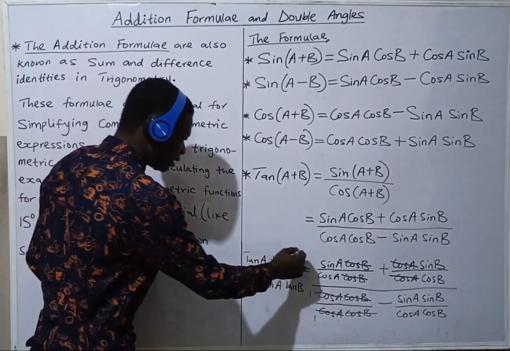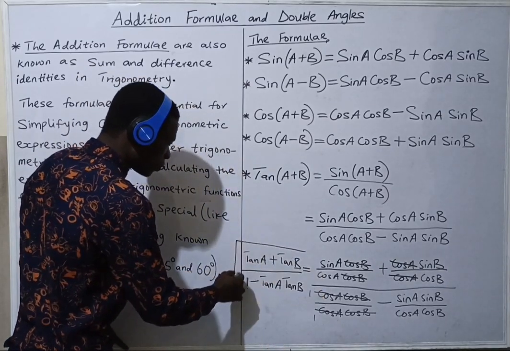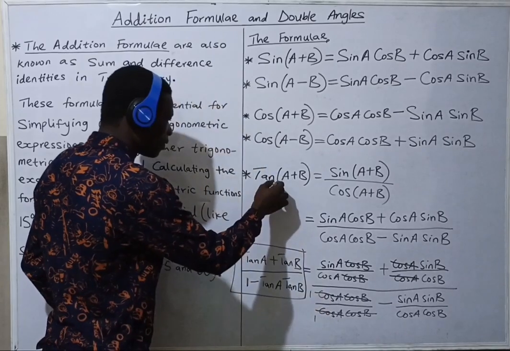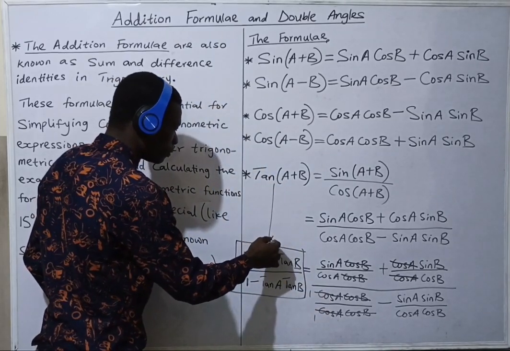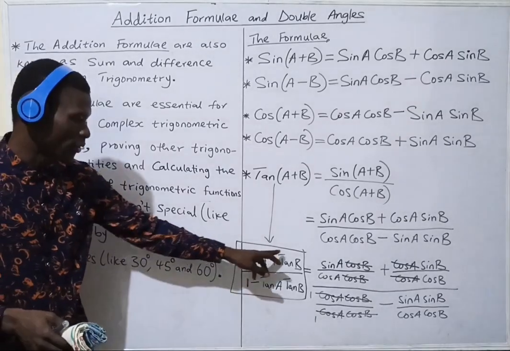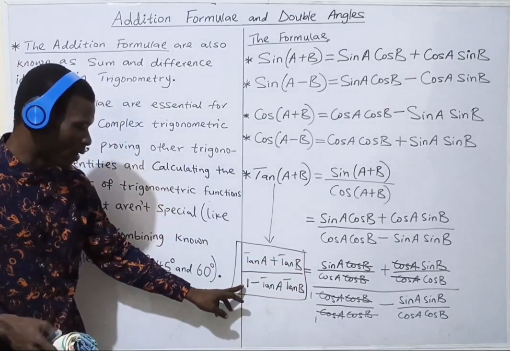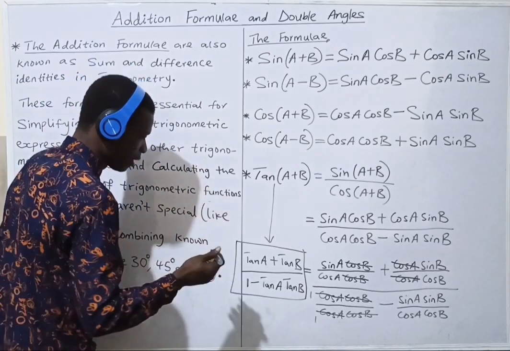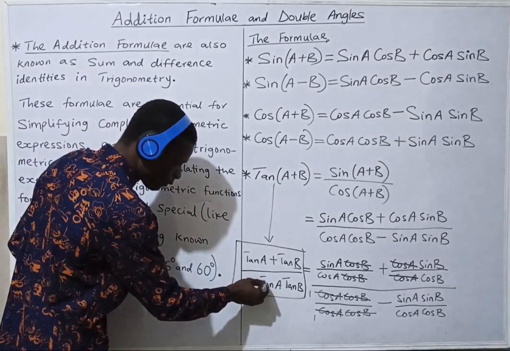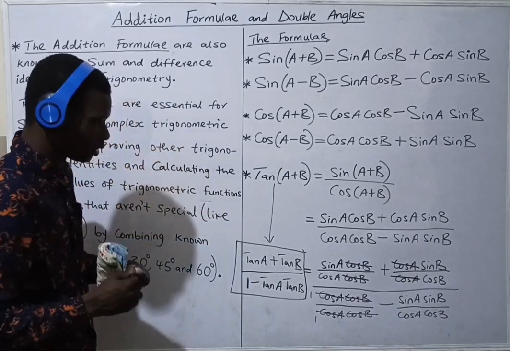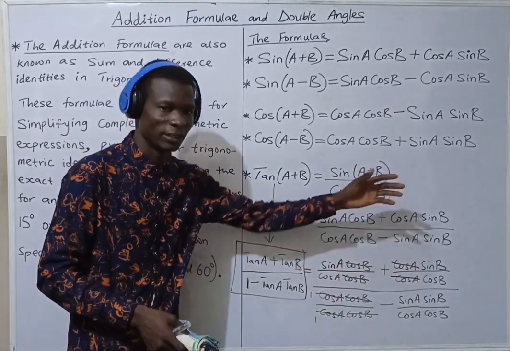And of course, this is the equivalent identity for tan bracket open A plus B, and that is tan A plus tan B over 1 minus tan A tan B. I hope this is not too rough for you to pick up, because everything looks jam-packed because of the space.